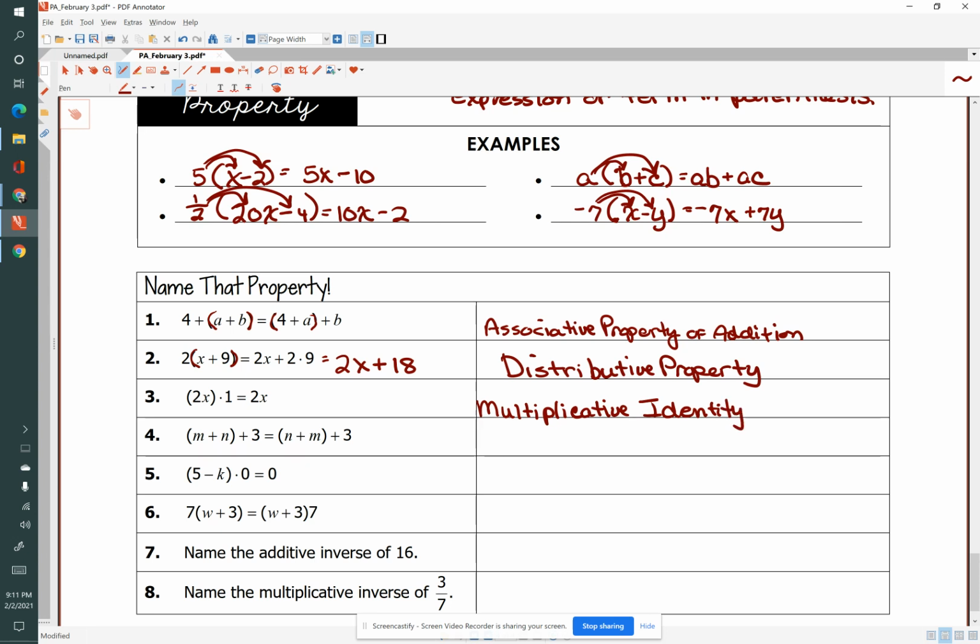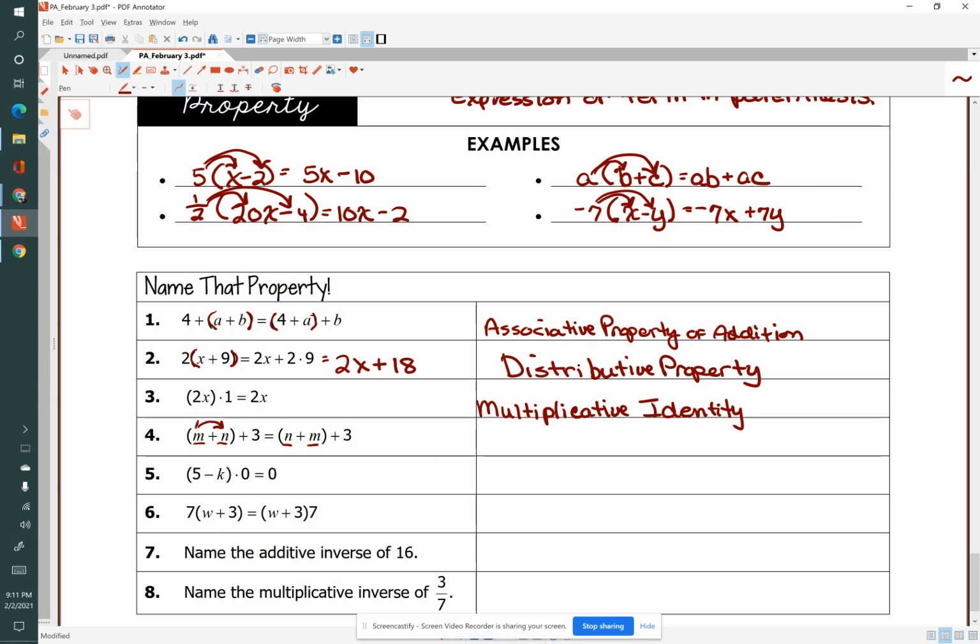And in number 4, we have m plus n plus 3 equals n plus m plus 3. So first we have m plus n, then we have n plus m. And all we've done is we've had the m and the n just traveled.